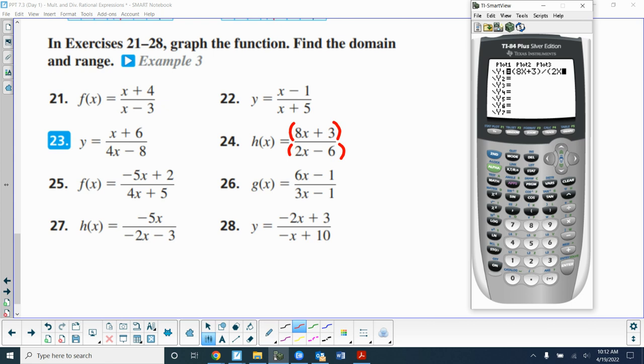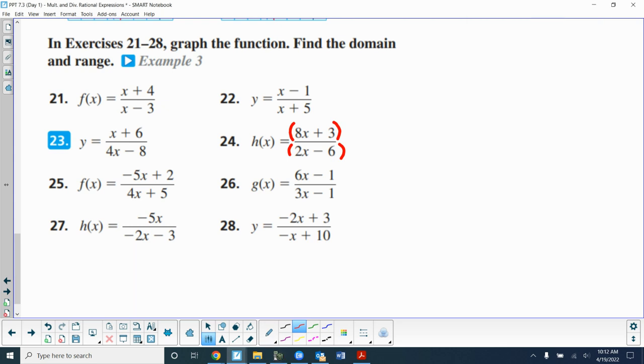Now, before I graph this, let's go over what the asymptotes are. Okay, what makes the bottom 0? 3, right? Add 6 and divide by 2, right? Right, Collins? Yeah. So the horizontal, that's not horizontal.